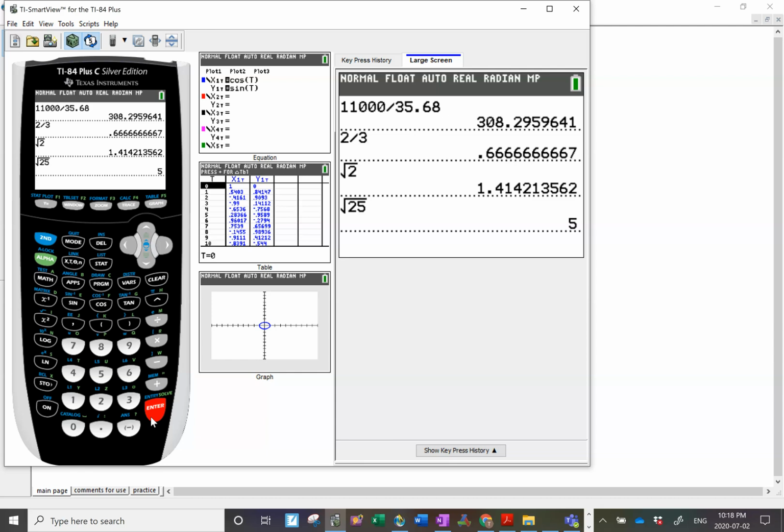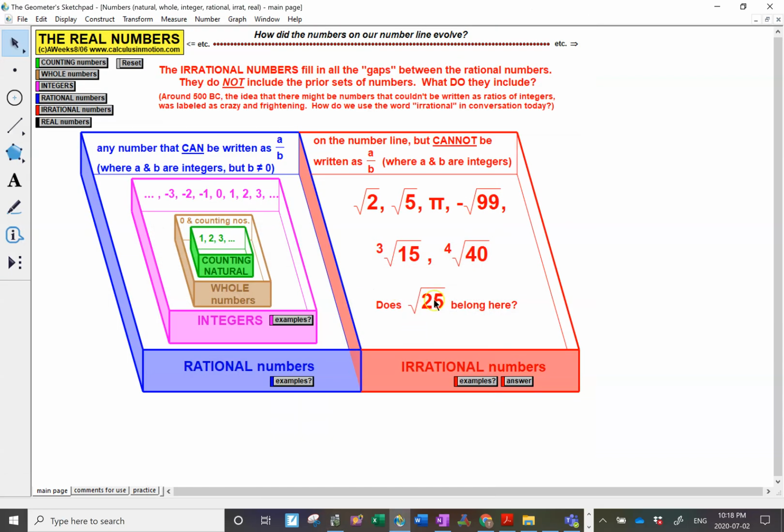So 5 is obviously a number that can be written as A/B, which is the same as 5/1. So square root of 25 is actually a rational number, not an irrational number. So it doesn't belong to this group. It belongs to the rational numbers.